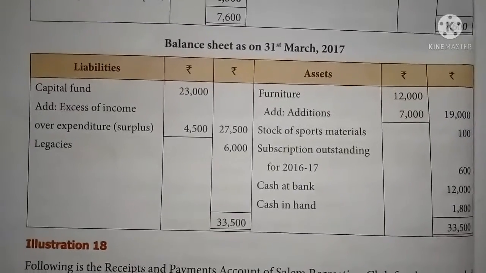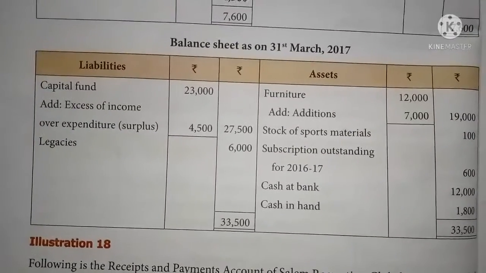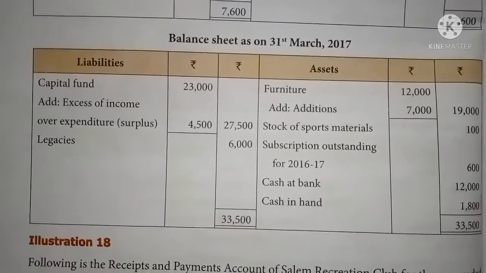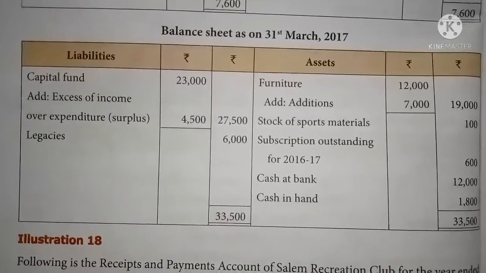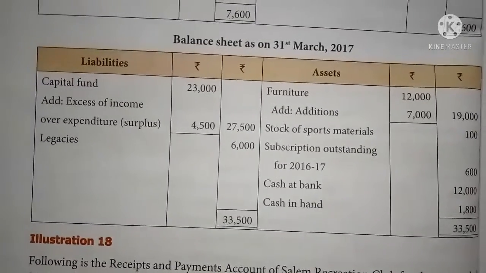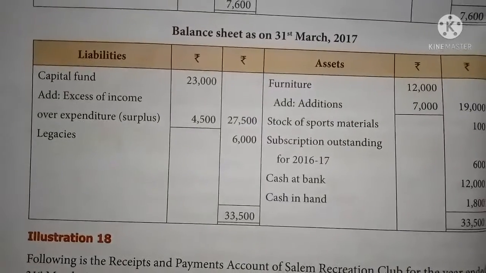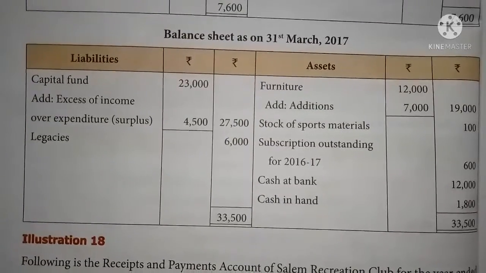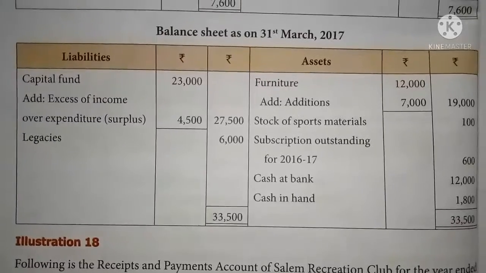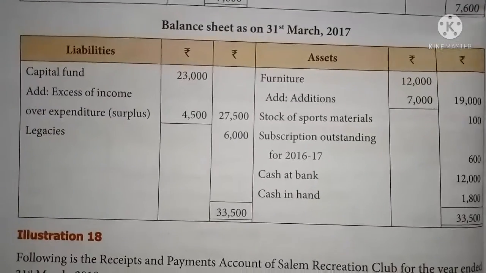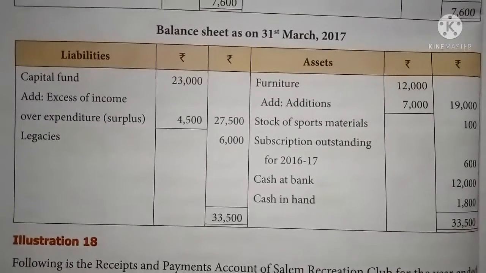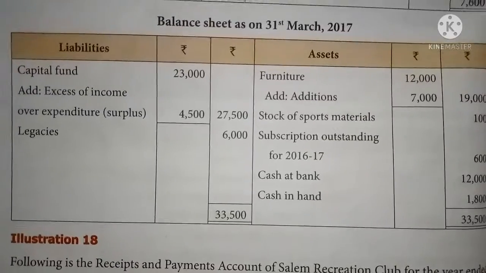It will come to 33,500. Add the asset total. It is also 33,500. So mostly if you work out the sum correctly, definitely the balance sheet will tally. Automatically the total of the liability and the asset will come the same.